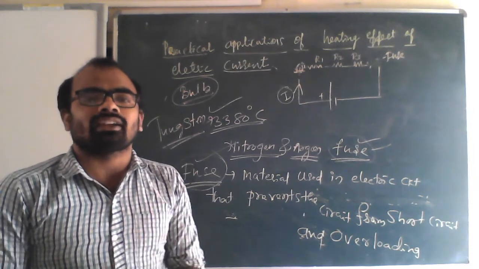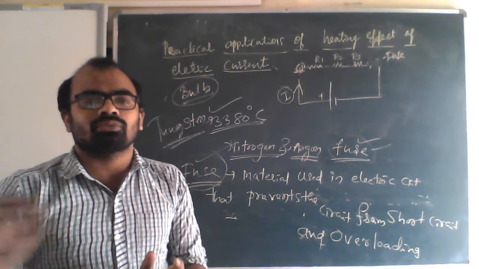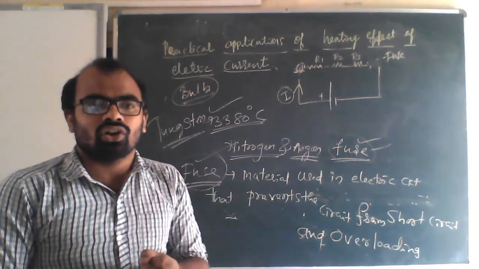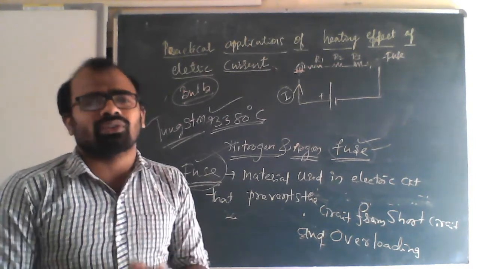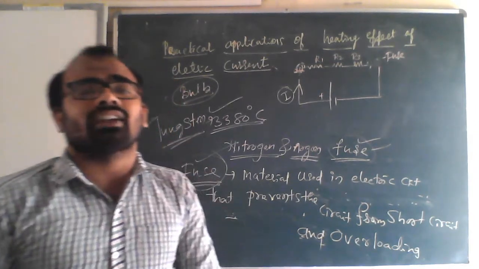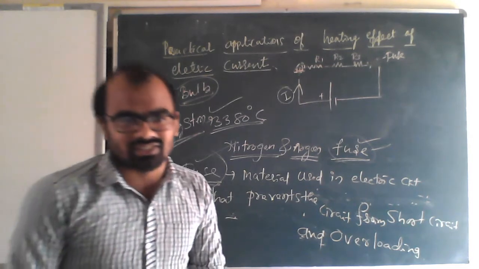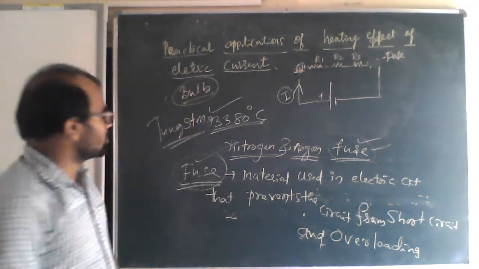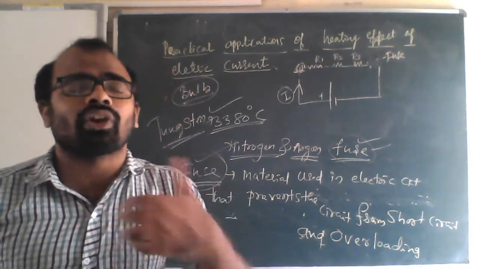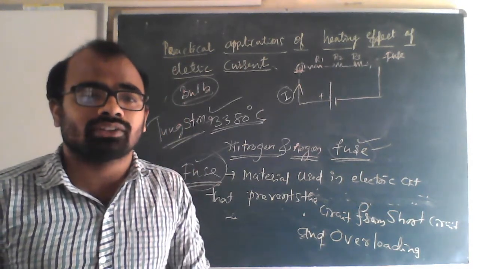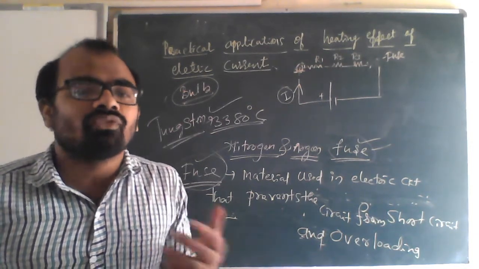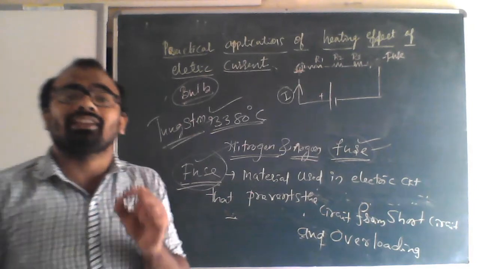The fuse must be connected in dash with the circuit: in series with the circuit, in parallel with the circuit, across the circuit, or none of these. You should remember the fuse is always connected in series with the resistors or circuit. And the fuse should have: option A high melting point, option B low melting point, option C high boiling point, option D none of these. The fuse should always have a low melting point.